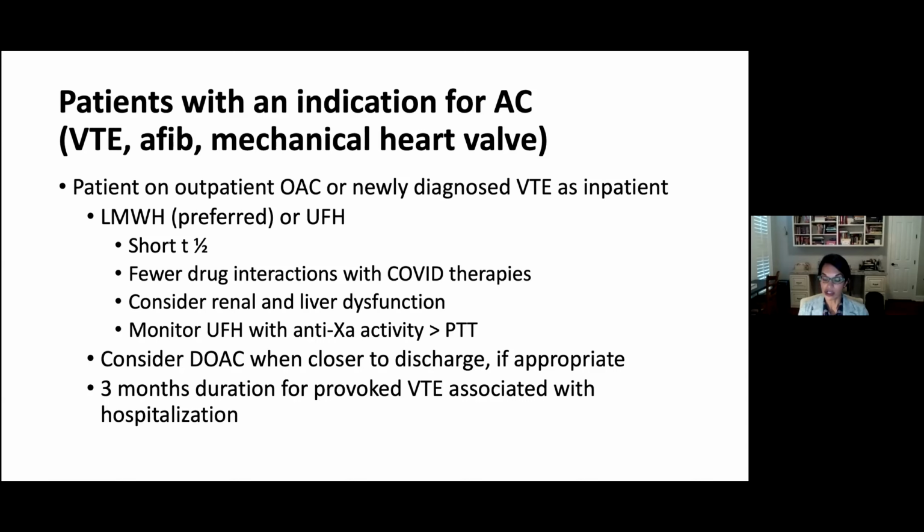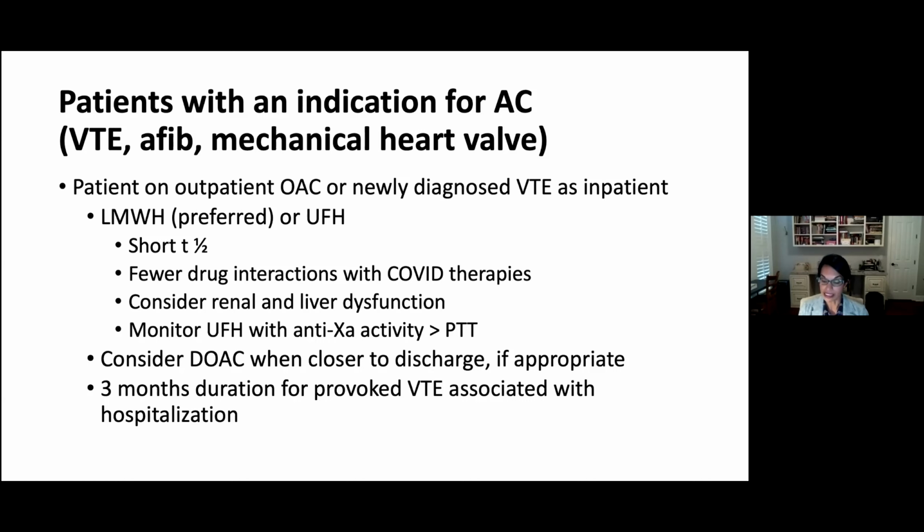If unfractionated heparin is utilized for anticoagulation, monitoring with an anti-10A level is preferred over the PTT because, as I showed you before, the PTT can sometimes be abnormal in COVID patients.